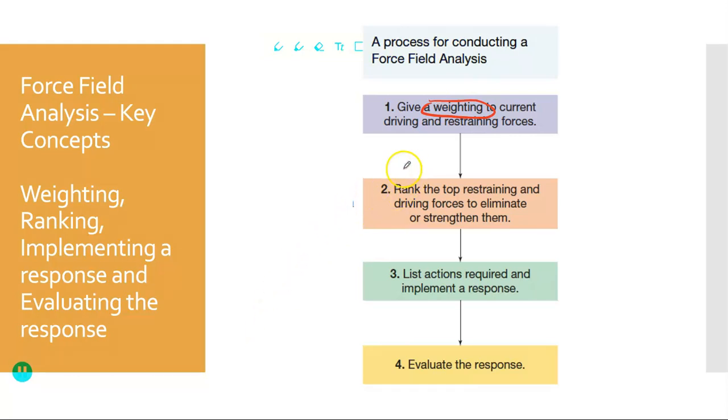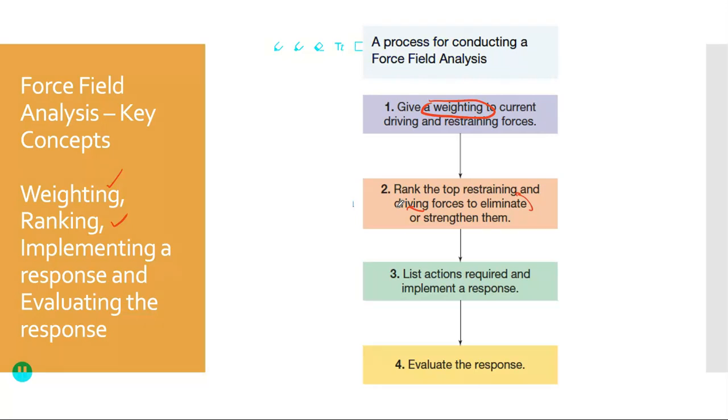This allows the business to rank, so we can tick off weighting, rank the top restraining and driving forces. Because remember, we want to eliminate the restraining forces and strengthen the driving forces. So if we can eliminate the top weighted restraining force, that's going to be the biggest push driver for success if we can do that.